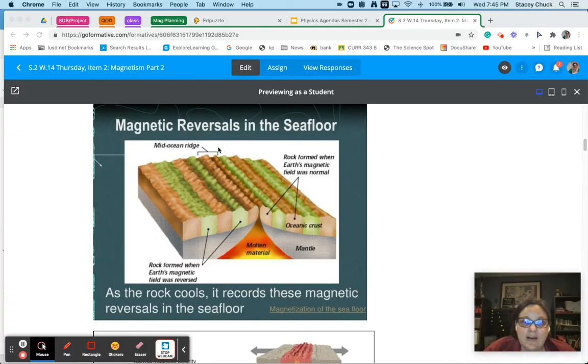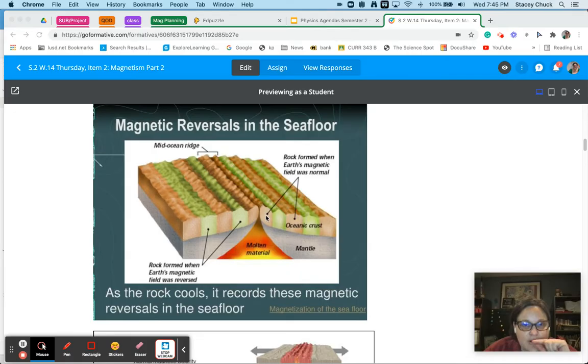In all of that rock are pieces of iron and ferromagnetic materials. While they're still molten, still liquid, they align themselves with the magnetic field of Earth, because they're being pulled by it. When they harden, they're locked into that position and can no longer flip.